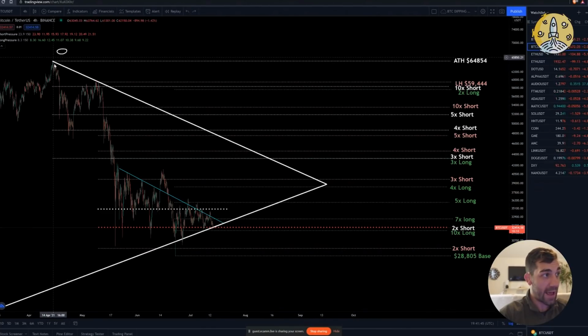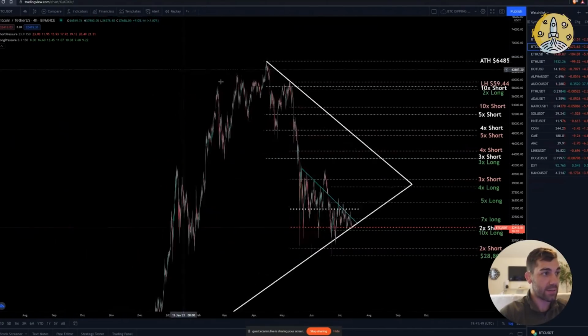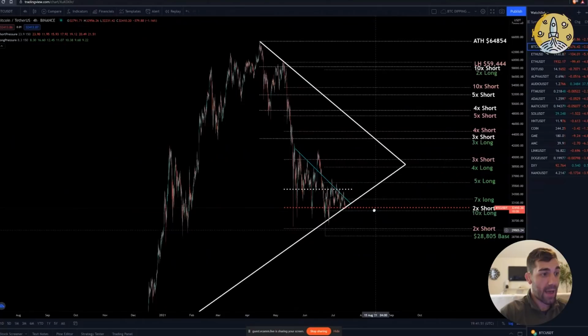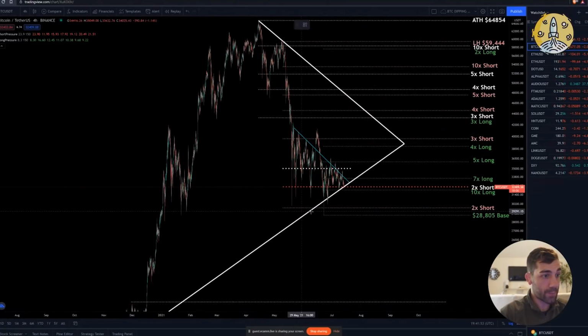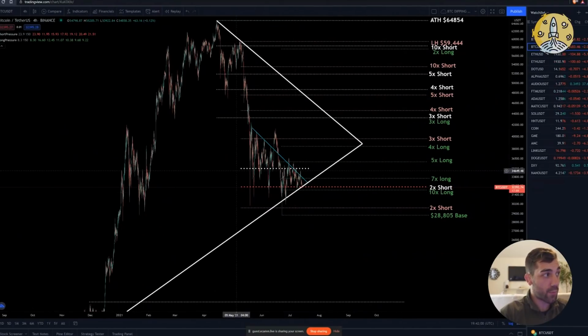This point, our previous all-time high, should act as resistance, right? As should our local low. Our local low is 28.0805. This local low, as I mentioned before, should act as support.